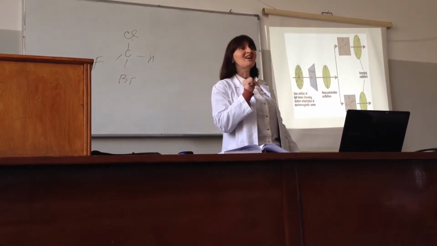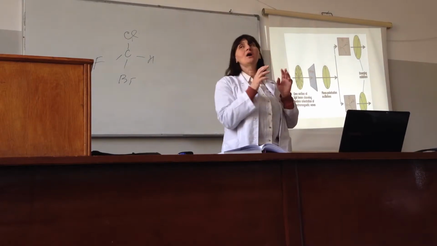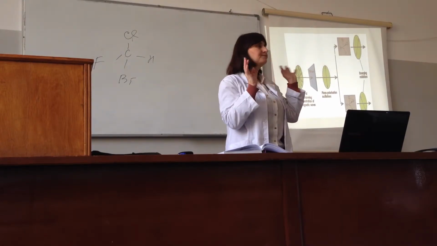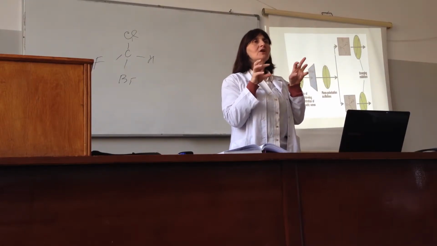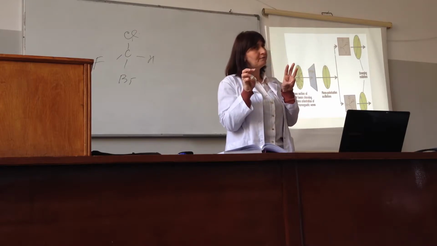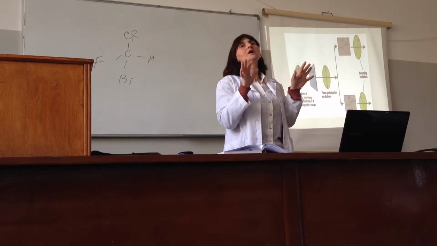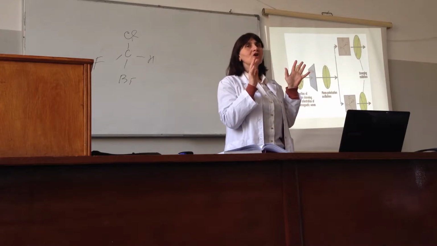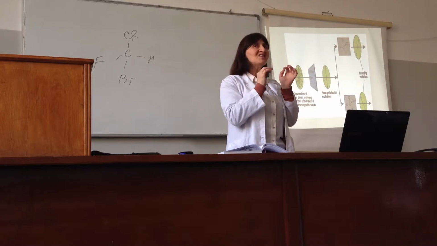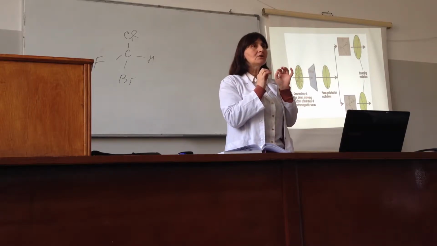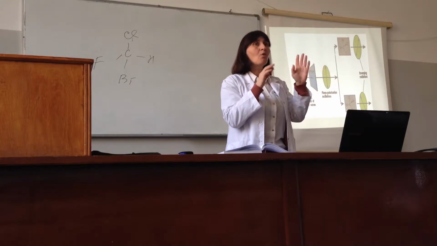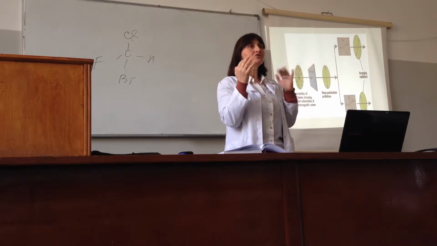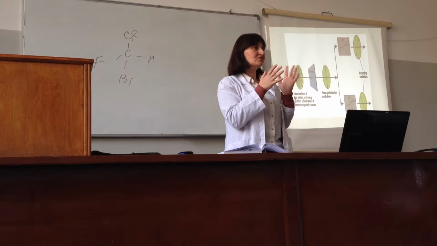Now look, if you take a solution which contains an equal amount of enantiomers, so 50-50, in this case you get a mixture which is optically inactive. Why? Because the action of these 2 molecules neutralizes each other's action.